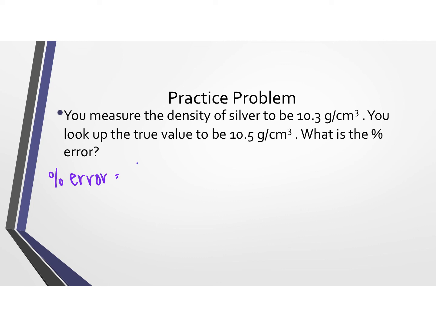Which of those numbers do you think is the accepted value? Okay, 10.5 is the accepted value. And then what's the experimental? 10.3. And then you divide it all by the accepted again, which is 10.5, and then multiply it by 100.